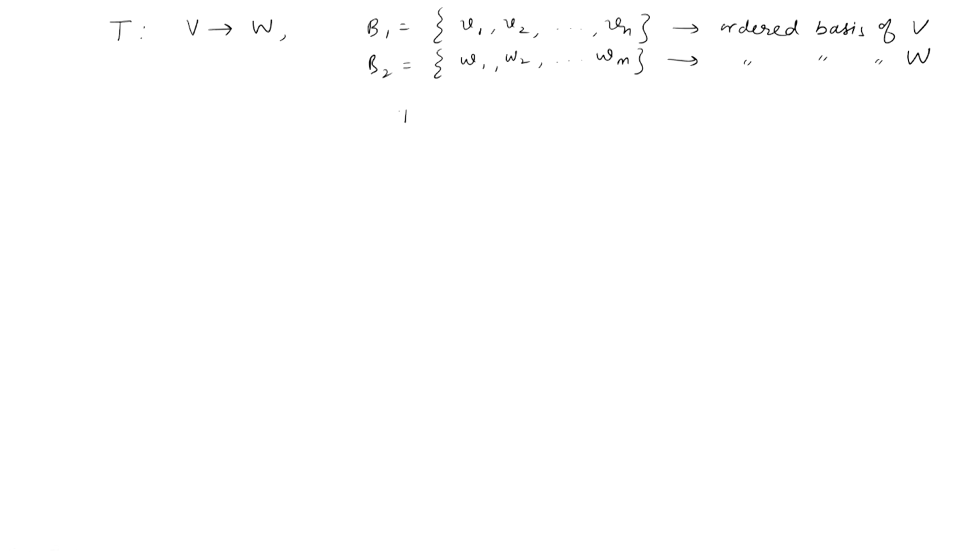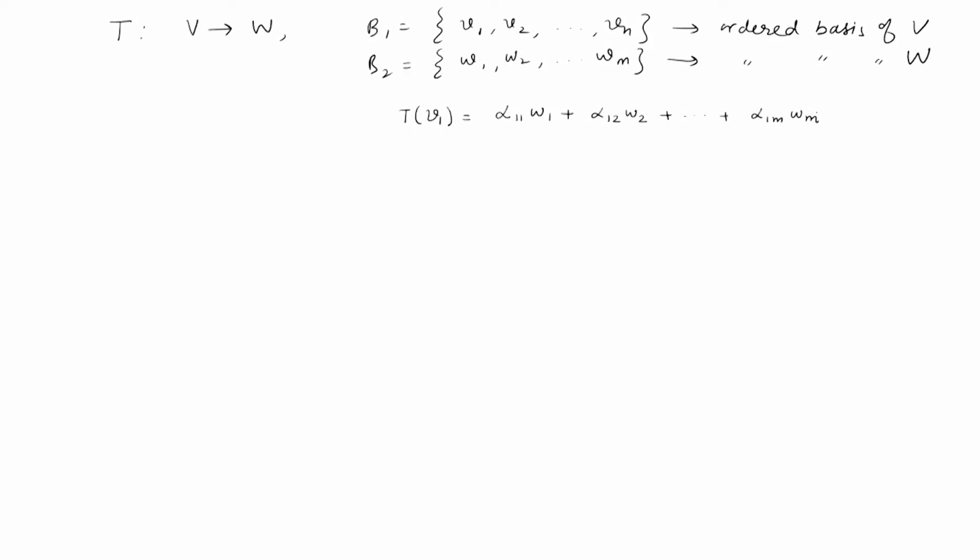Now, suppose you take T of V1, the first element. T of the first element will be some element in W, and that element in W can be expressed as a linear combination of the elements of the basis of W. So this T of V1 can be written as alpha 1 1 W1 plus alpha 2 1 W2 and so on up to alpha m 1 Wm.